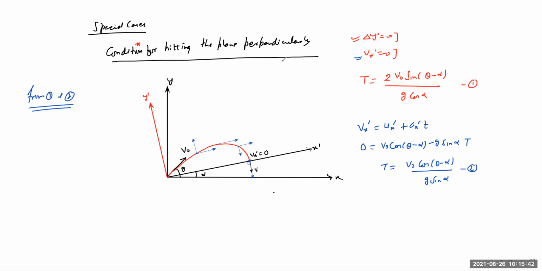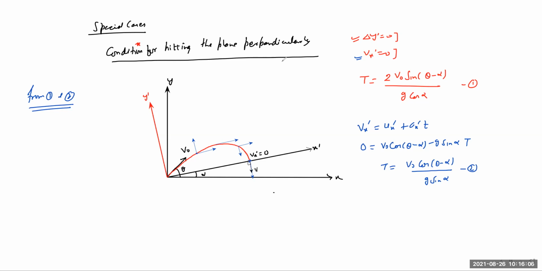And what we do is we always deal with component in one particular direction. So if you look at the component along x dash at every instant, you will see that the value is changing. And at the time of impact, that component is vanishing. It's becoming zero.